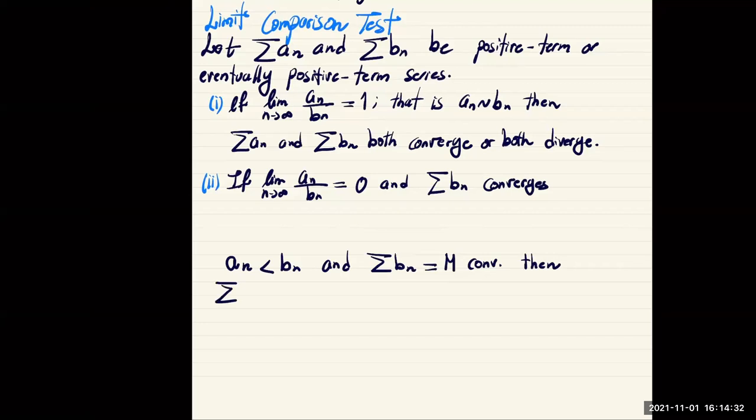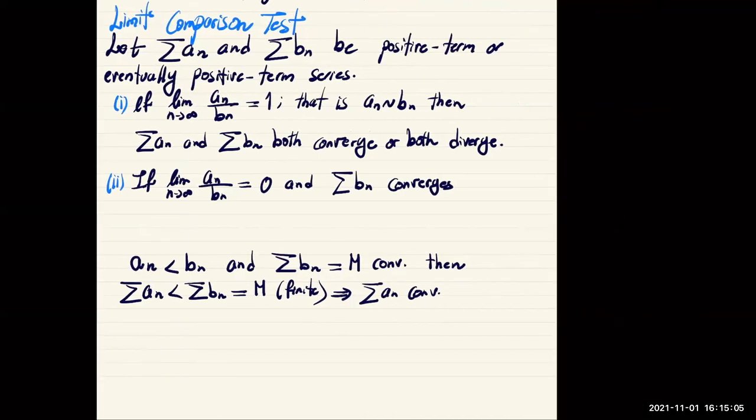So if a sub n is less than b sub n, then the summation of a sub n is also less than the summation of b sub n. And we just said that the summation of b sub n is finite. So anything less than finite is got to be finite. That's a conclusion.